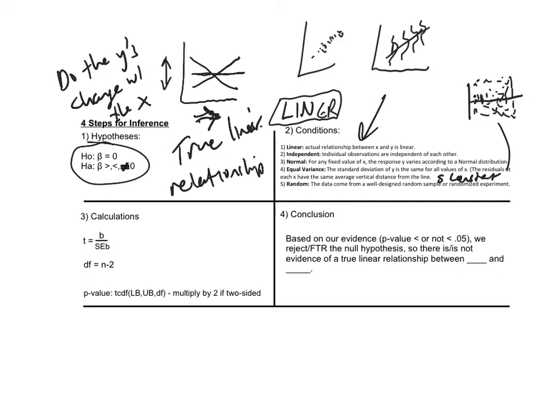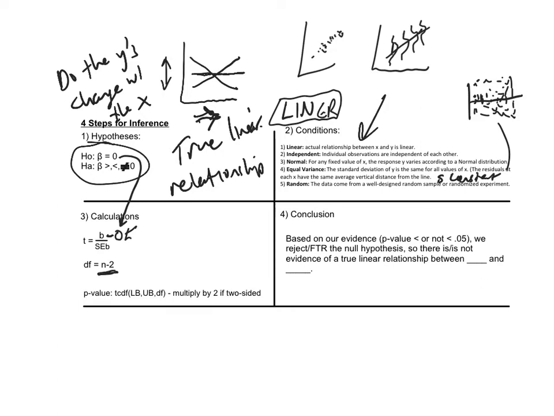The only thing that could change is minus 0, which is the null hypothesis value. If the null is not 0, then you do have to subtract something else. So you may see a spot where the null is 1.5, and it's asking if the slope is any different than 1.5, so you would subtract 1.5 right there.